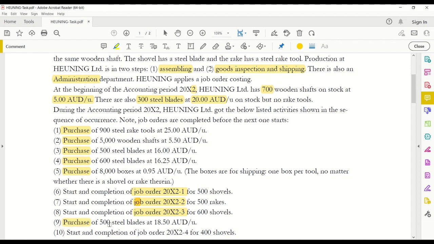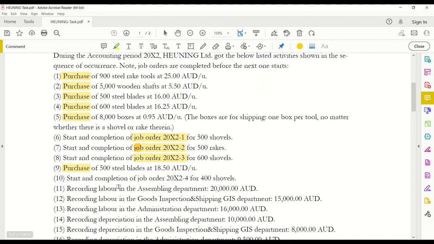Thereafter, we record a purchase. Then there is another job order, the fourth job order, for 400 shovels. In the next step, we have to record manufacturing overheads. The first one is labor.